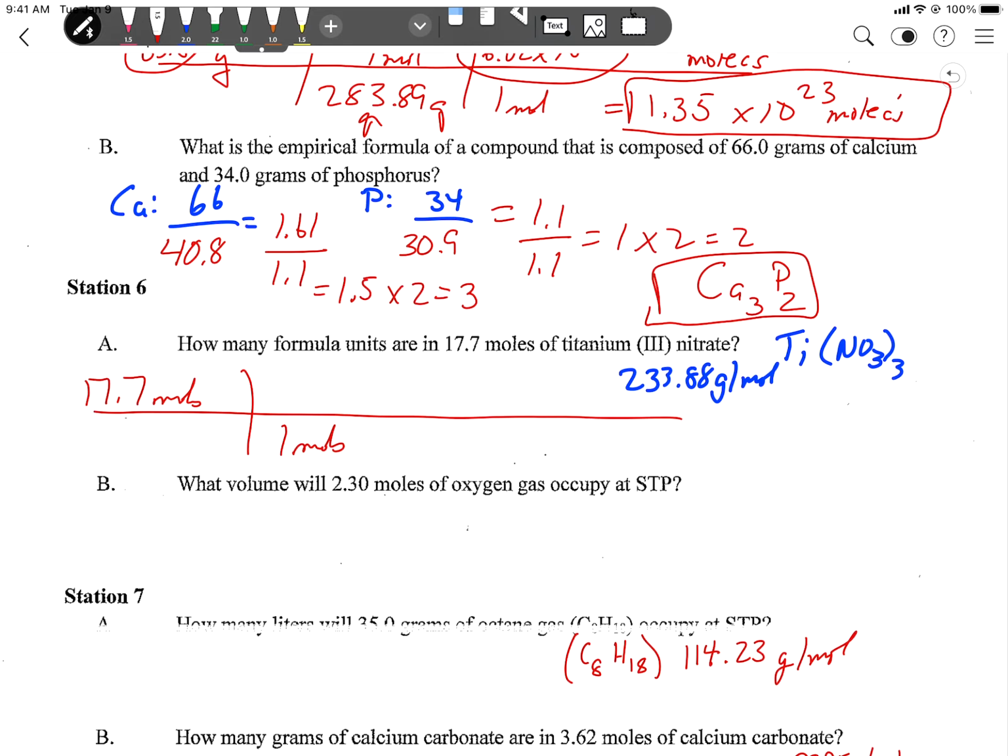We need 6.02 times 10 to the 23rd. That's formula units. So it's a one-step problem, moles to formula units. We multiply those two numbers together, 17.7 times 6.02 E23. We get 1.06 or 1.07 times 10 to the 25th formula units.